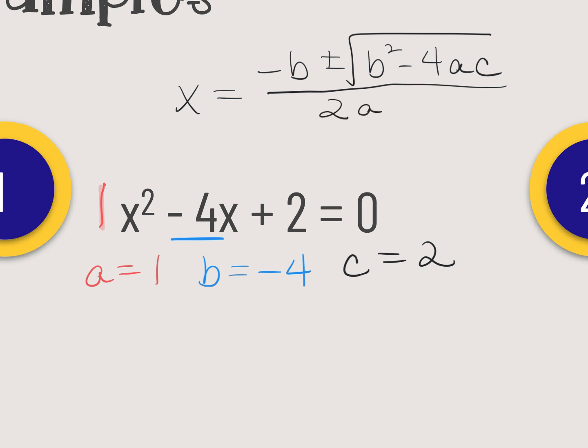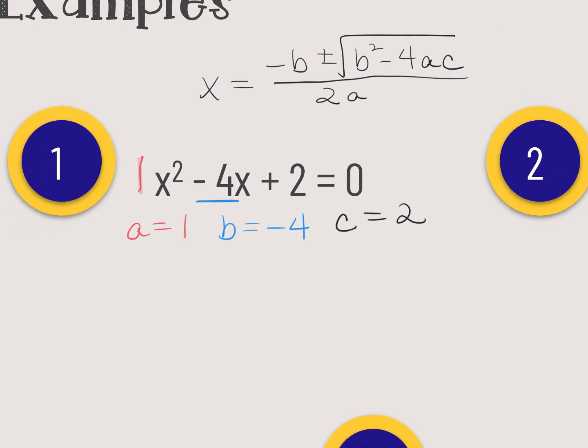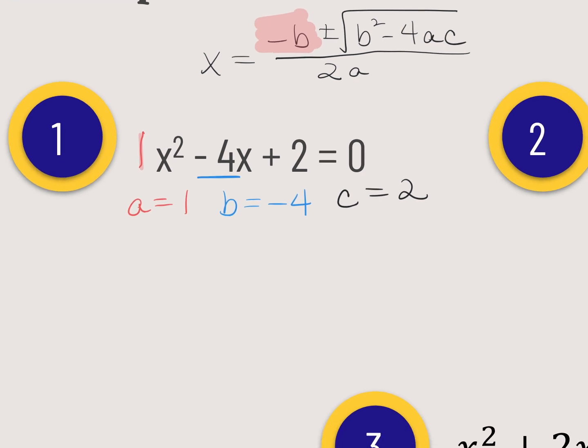So now let's plug in our A, B, and C into the formula. I think of this negative B as the opposite of B. Since my B value is negative 4, what I put when I fill it in is going to be positive 4.